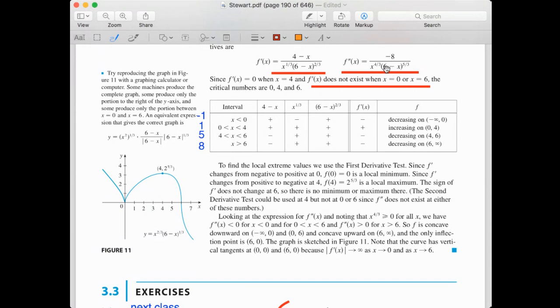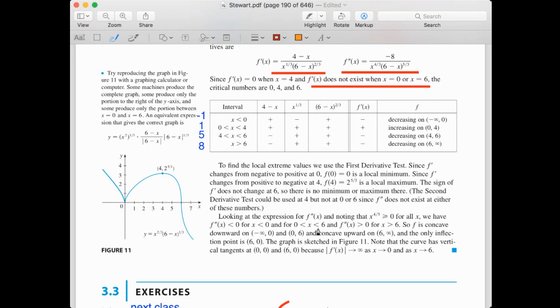Why? Because this term is positive, the denominator is positive, but the numerator is negative 8. So the second derivative is negative when x is negative.